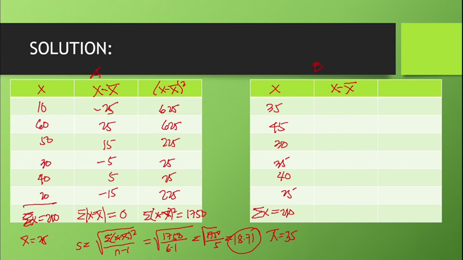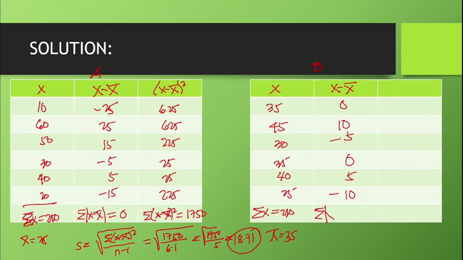So we have x minus the mean: 0, 10, 5, 0, 5, and 10. By the way, it's negative 5, and this is negative 10.